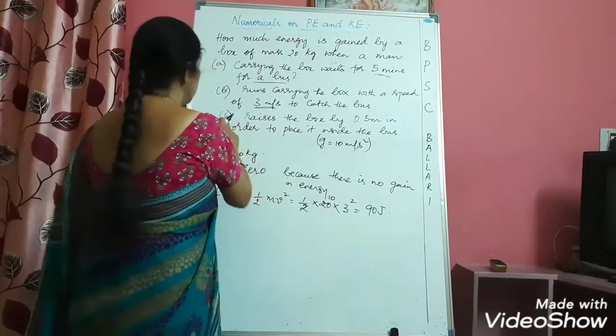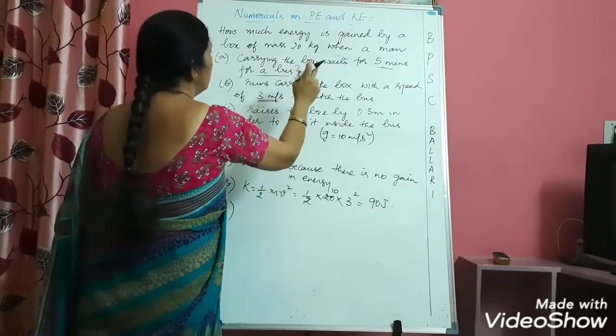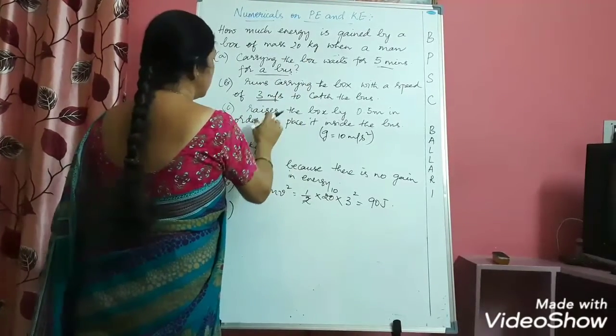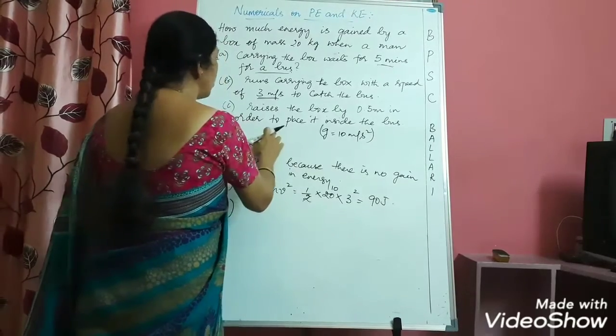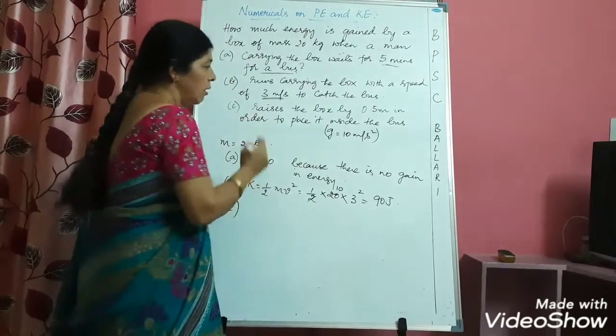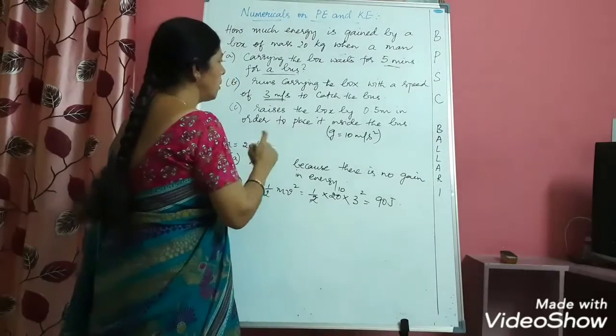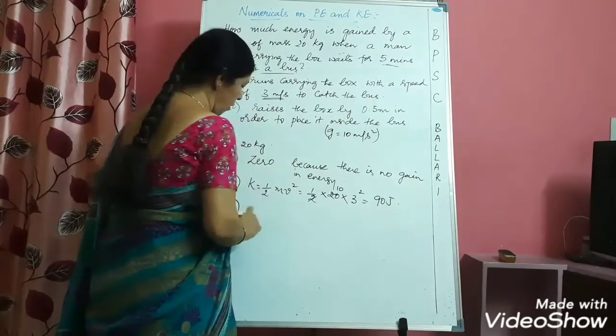Next, part C. Again you have to calculate the gain in energy if the man raises the box by 0.5 meter in order to place it inside the bus. Here there will be a gain in potential energy because the box is raised by some height, that is 0.5 meter.